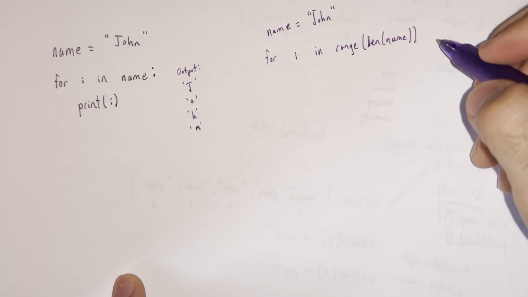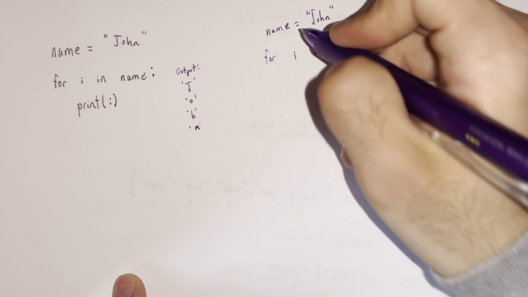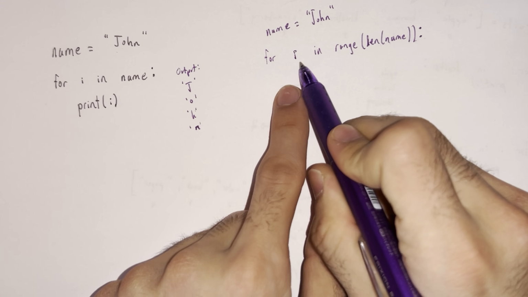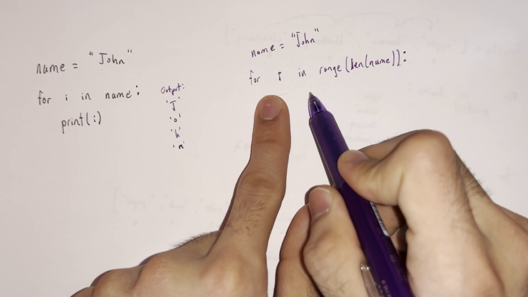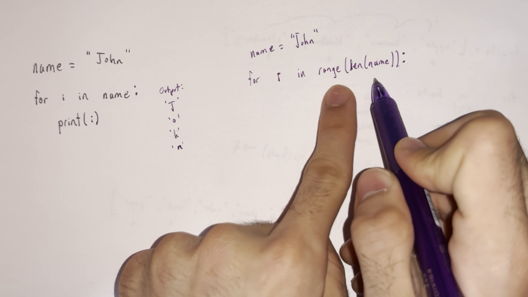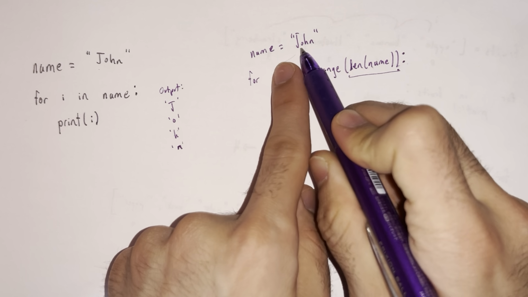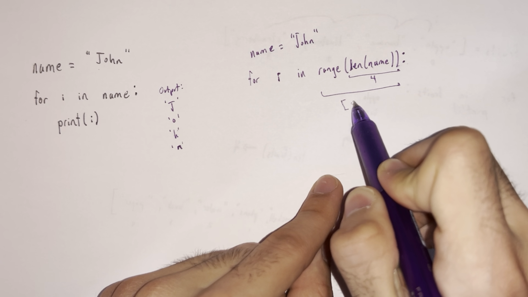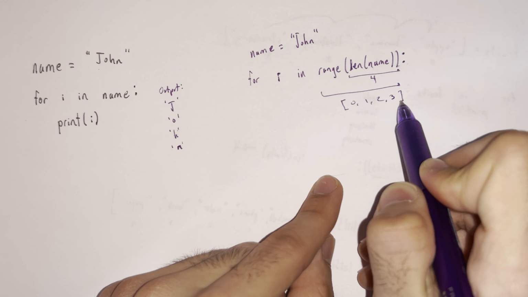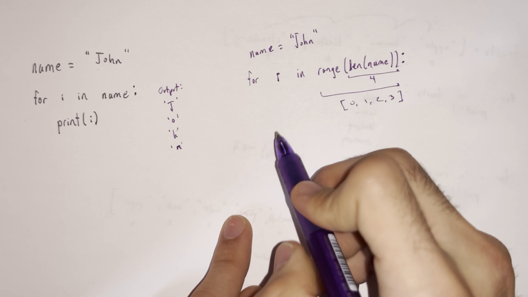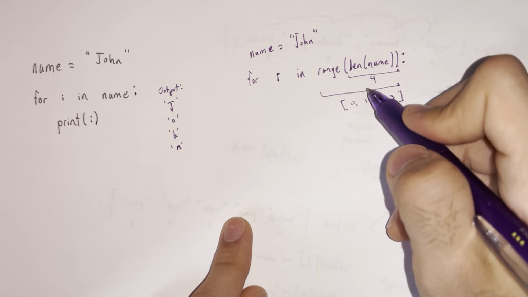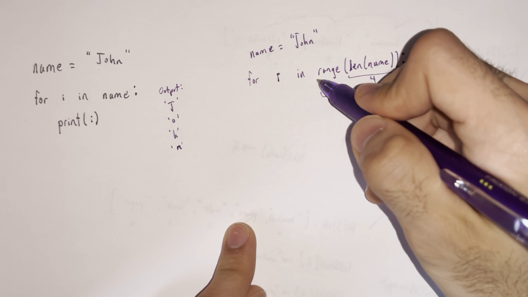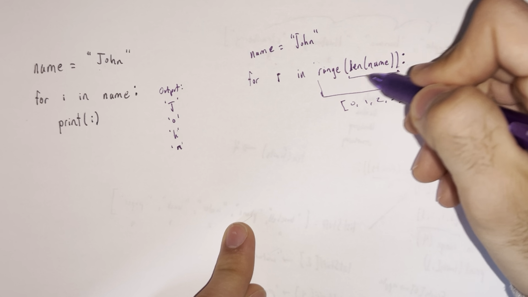So for I in range len name, what that is saying is, okay, we have I, and it's in the range of len name. So len name is the length of John, which is 4, and range 4 is 0, 1, 2, 3. For I in range len name, that's what it's saying, for I in 0, 1, 2, 3, basically.